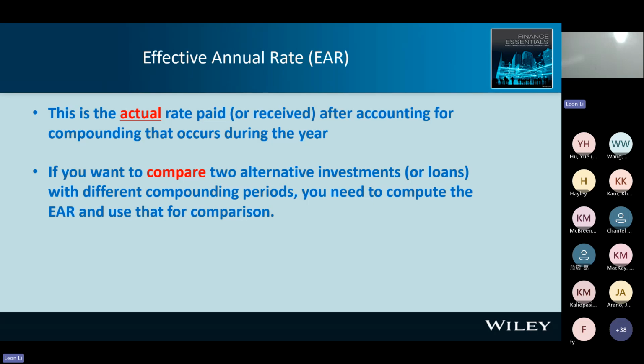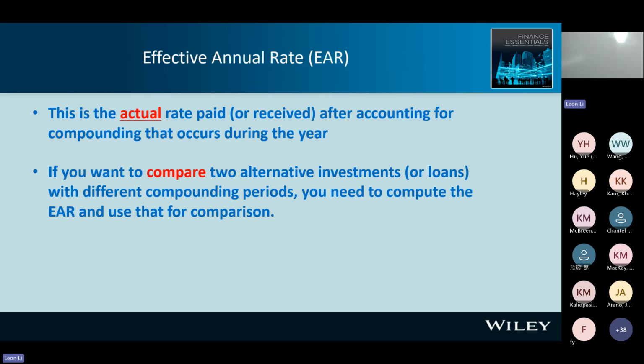That means money can earn money. That's compounding. So if you want to compare two investments or loans with different compounding periods, you need to compute the EAR and use the EAR for comparison, right? Because the EAR is the actual rate paid or received after accounting for compounding.